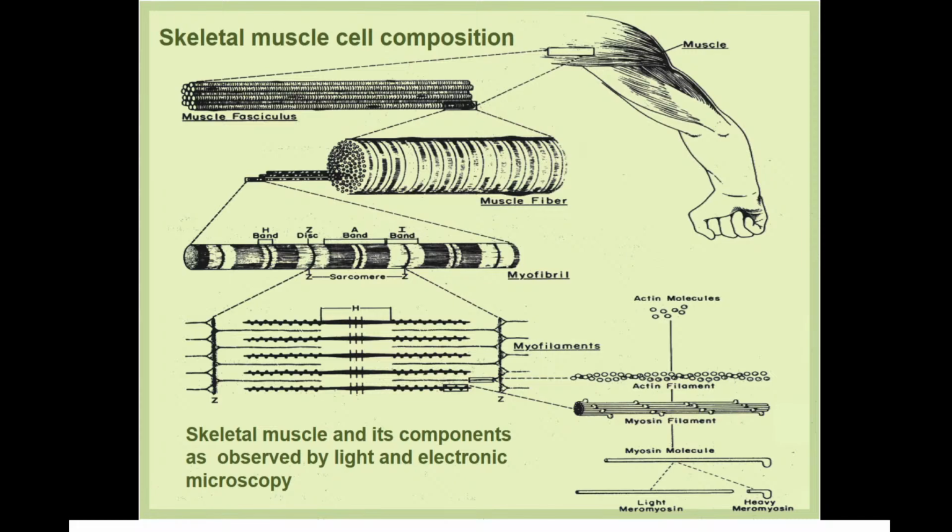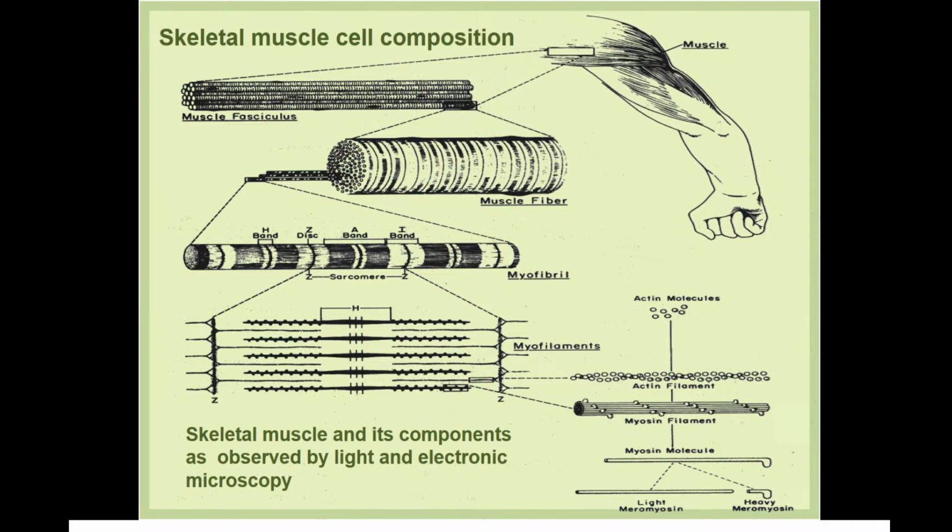The perimysium is continuous with the endomysium surrounding each muscle fiber. The endomysium is continuous with the sarcolemma, a sheath that contains glycoprotein and closely envelops the true cell membrane of the muscle fiber.